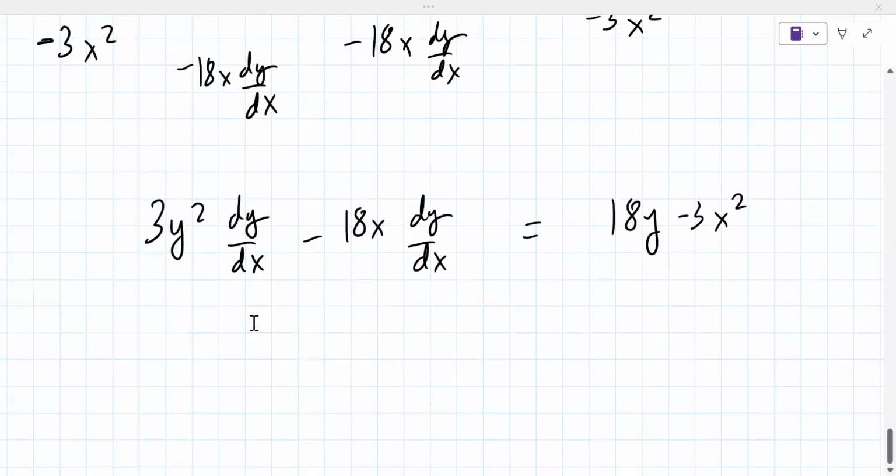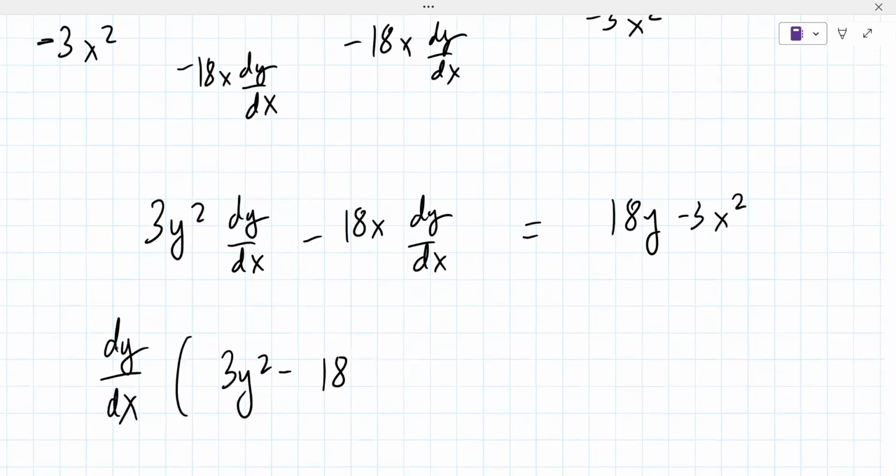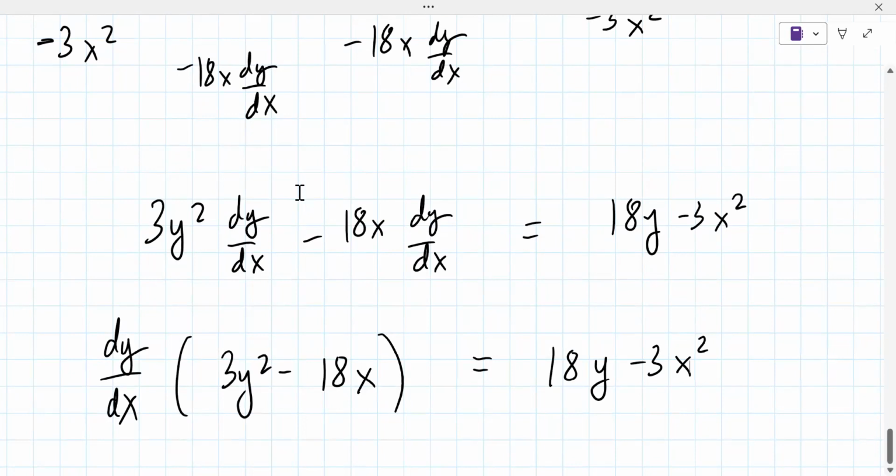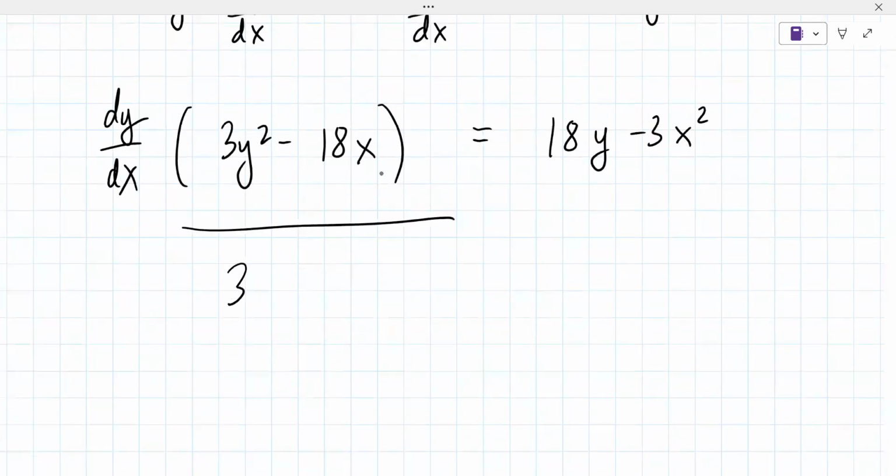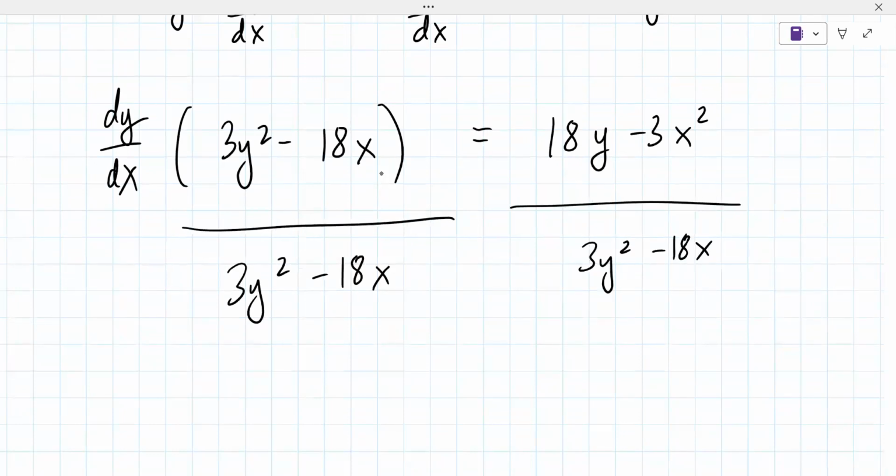All right, so now you factor out a dy dx. And you get 3y squared minus 18x equals 18y minus 3x squared, like that. So once you've factored it out, you divide both sides by it. So you're going to divide both sides by this 3y squared minus 18x.